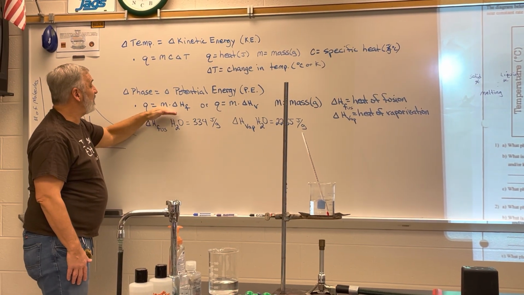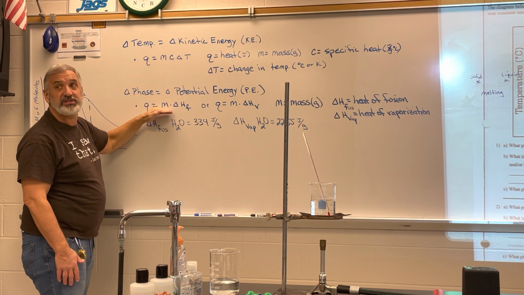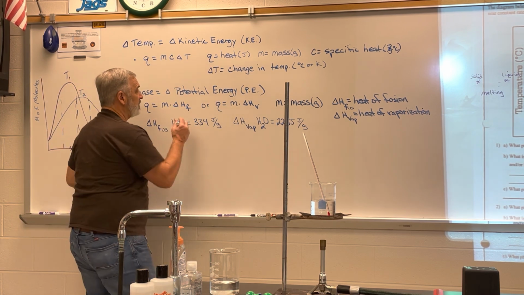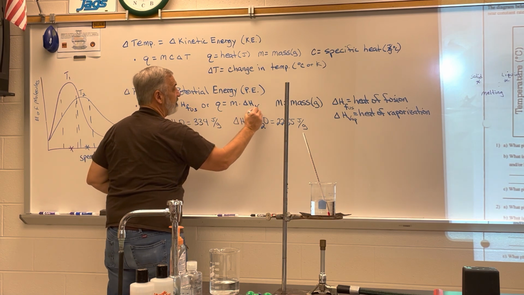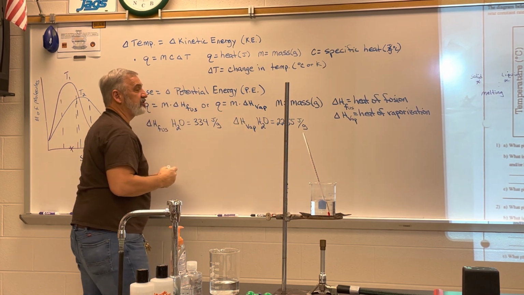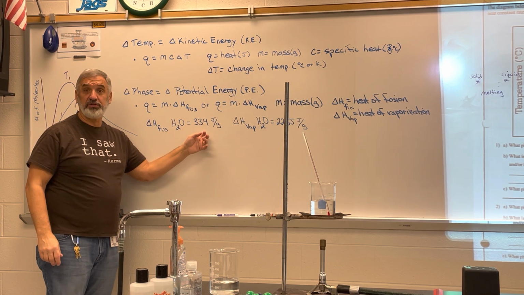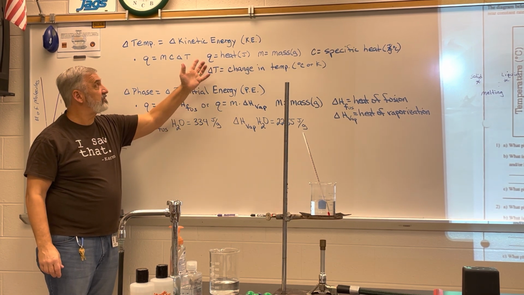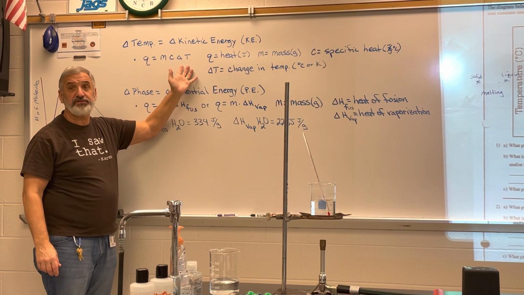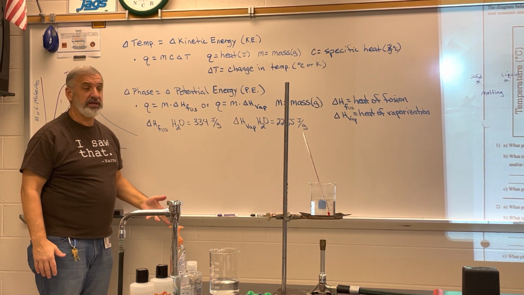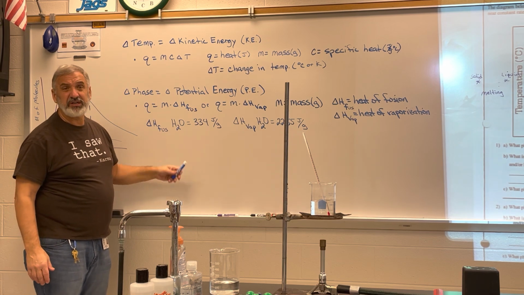We can measure the changes in potential energy with our mass times our heat of fusion, and I'm going to go ahead and be a little bit more specific, heat of fusion and heat of vaporization. Okay? And those values are always given to you. The specific heat value is always given. For water, the specific heat is 4.18. You have the periodic table that would have them on there. Okay? But generally, we're going to be dealing with water.